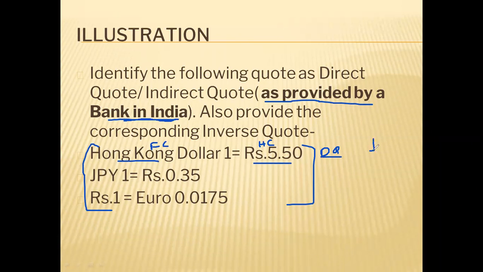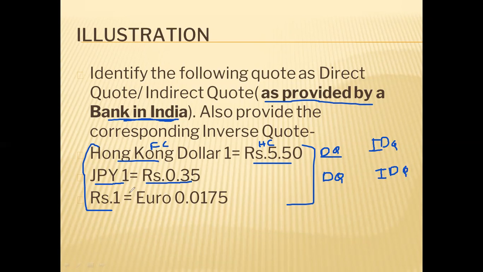Now you have analyzed that it is a direct quote. Now you have to find the indirect quote also for this quotation. Similarly, one Japanese yen is equal to rupees. Which quote will it be? Left-hand side foreign currency, right-hand side home currency. It will be a direct quote again. You will have to find the indirect quote by using the formula.